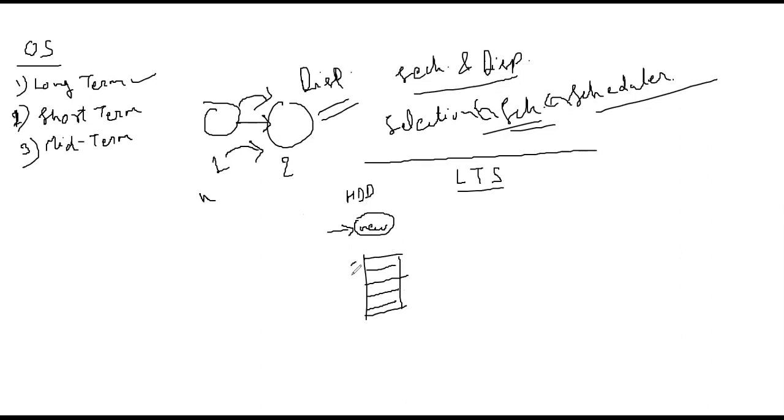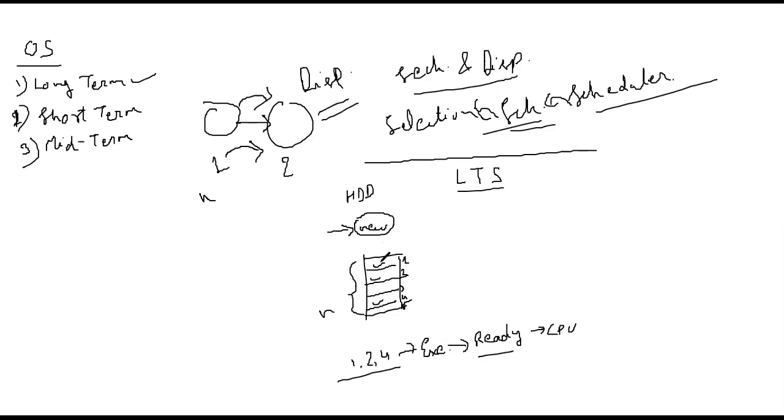Once n processes get created, they are all stored one by one in your hard disk. Now, from these n processes, suppose 1, 2, 3, 4, 5, you want 1, 2, and 4 to be sent for execution. For any kind of execution, they should be sent to the ready state, so that they are ready for execution and can move to the CPU.